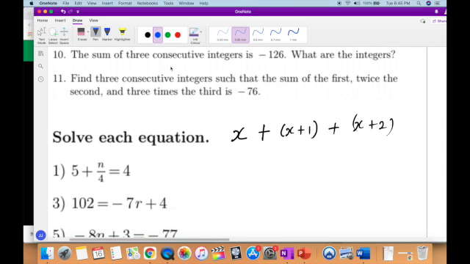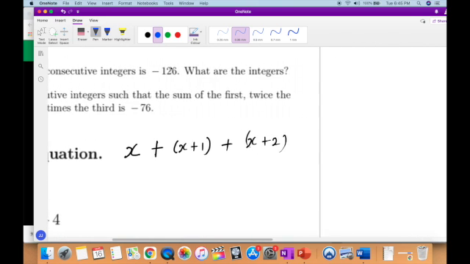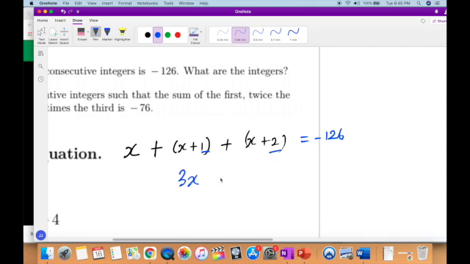These questions are understanding questions, right? You really need to be able to analyze. So we have here minus 126, and now we just simplify. So x plus x plus x, I could remove the brackets because I don't have anything being multiplied or divided. So I'll end up having 3x, and then 1 plus 2 is 3.